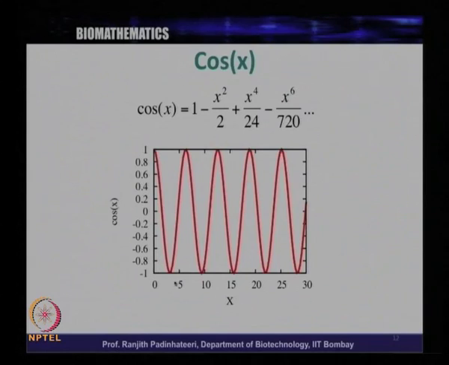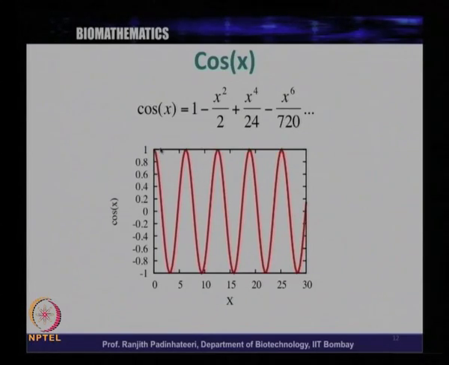Again, when x equal to 0, this term will be 0, this term will be 0, all terms will be 0 except 1. So, when x equal to 0, cos of x is 1. You can see when x equal to 0, this is 1, then it decreases until minus 1 and then increases, then again decreases, increases. It is also a periodic function or an oscillating function.